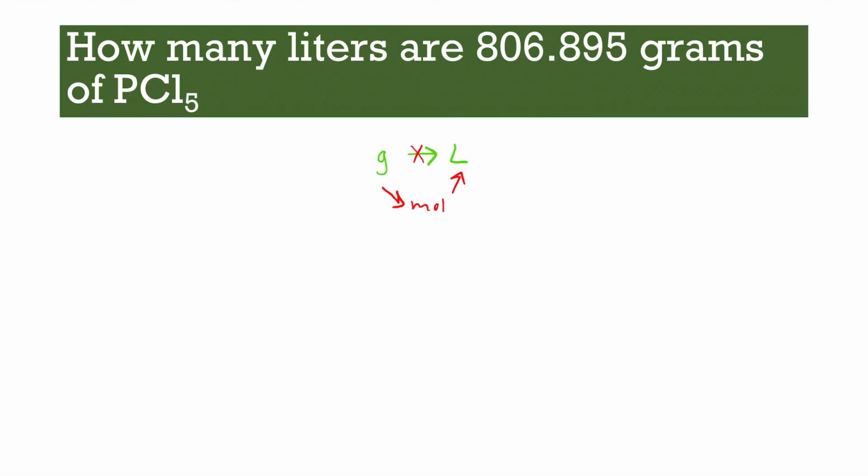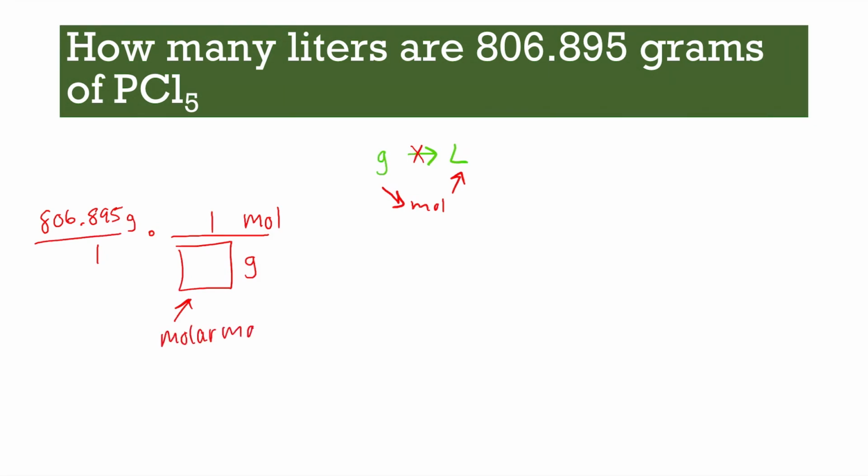So that's where that extra step comes into play. So here we have 806.895 grams. Now we have to go from grams to moles. So grams is going to go on the bottom, moles is going to go on top, in 1 mole. Well, what goes there? The answer is the molar mass.